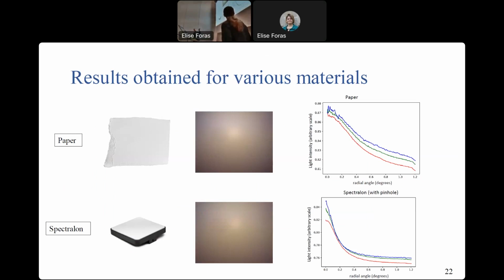On the x-axis, there are the radial coordinates, the distance from the center of the peak. For example, for the spectralon, the radius of the peak is approximately 0.15 degrees, which corresponds to approximately 0.2 millimeters for the mean free path. But the data are quite noisy and difficult to explain.